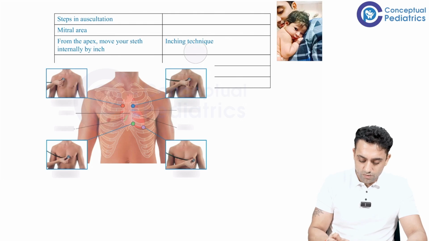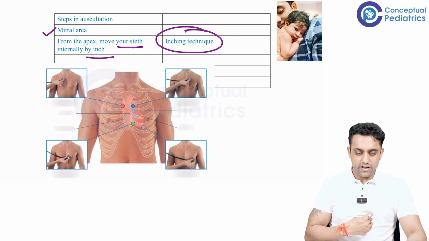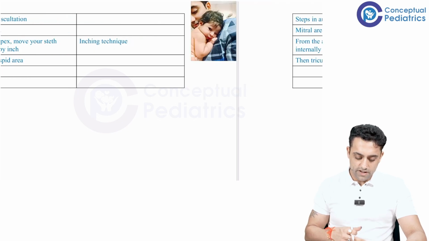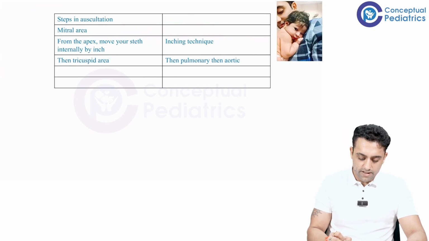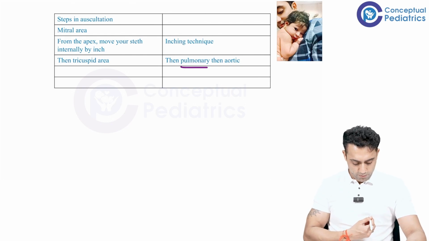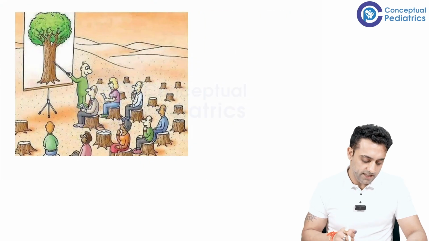This is known as the inching technique: from mitral to tricuspid, then pulmonary, and then aortic, up and up. You should know this.